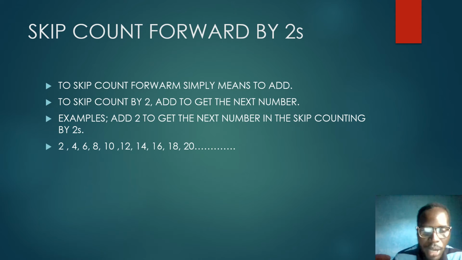So you have an example here: 2, 4, 6, 8, 10, 12, 14, 16, 18, and 20. You can add up. So 2 plus 2 is 4. 4 plus 2 is 6. 6 plus 2 is 8. 8 plus 2 is 10. 10 plus 2 is 12. 12 plus 2, 14. 14 plus 2, 16. 16 plus 2, 18. 18 plus 2, 20. 20 plus 2, 22.